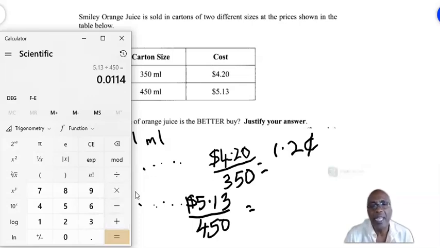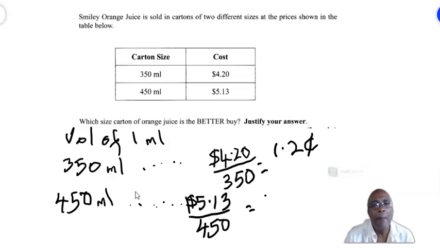Convert to cents, and we'll get 1.14 cents. Which means the better buy is the one of lower cost, which is the 450 ml can. And that's it.